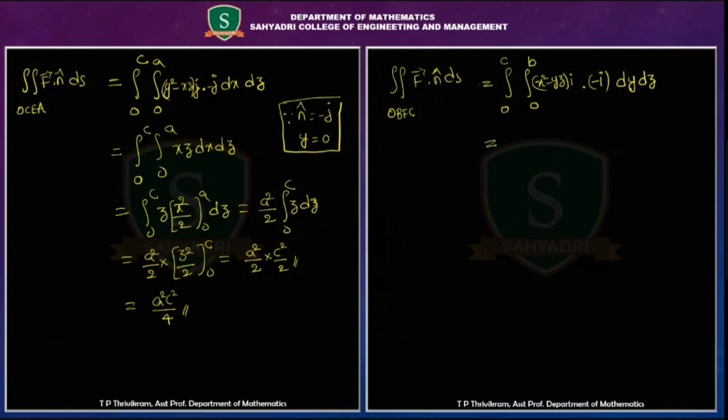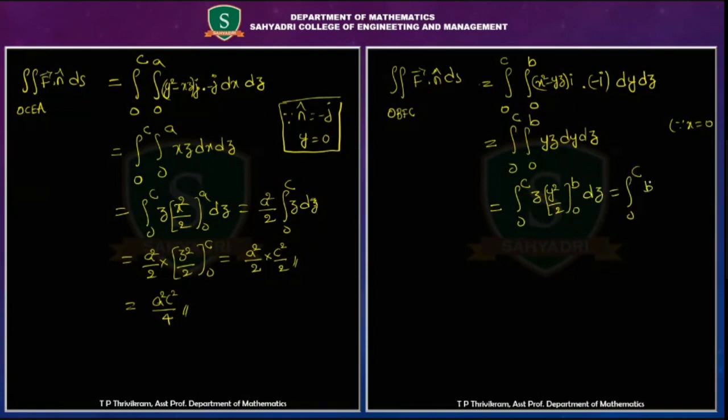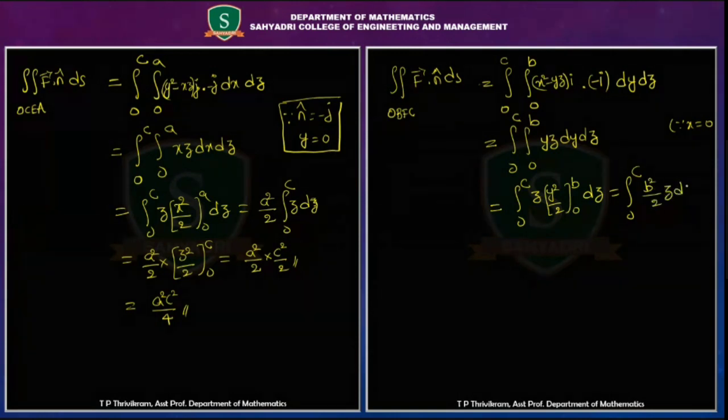So this one is equal to, on this x value will be 0 on yz plane. So take x equal to 0. So double integral 0 to c, 0 to b. Minus of minus will get plus, I dot I value will be 1, you will get yz dy dz. So this one is equal to integral 0 to c z into y square by 2, limits are from 0 to b, dz, is equal to integral 0 to c, you will get b square by 2 into z dz.